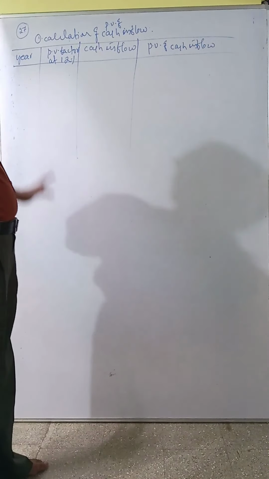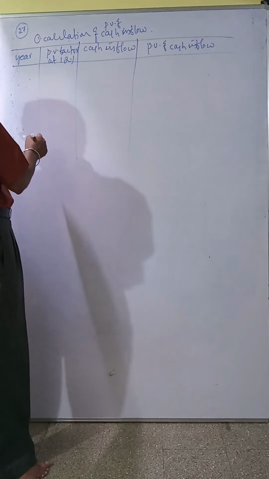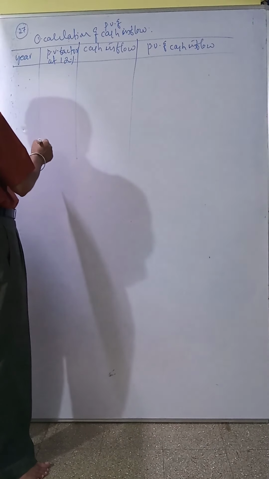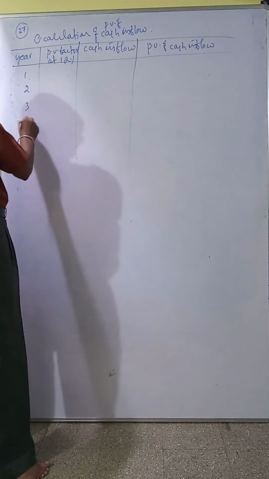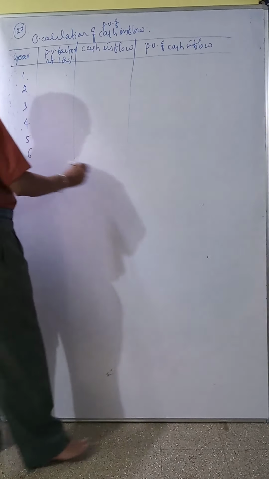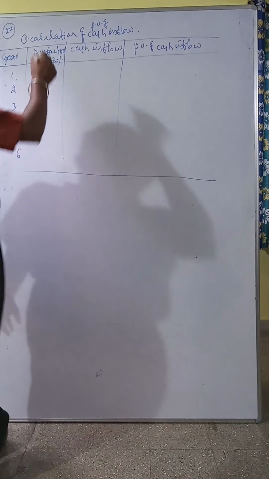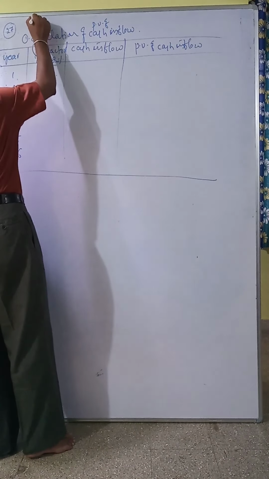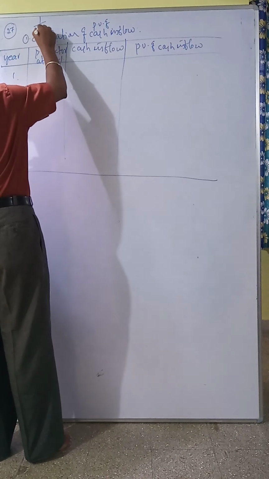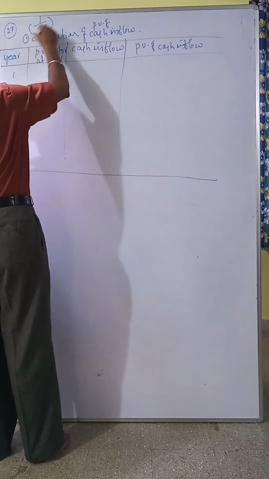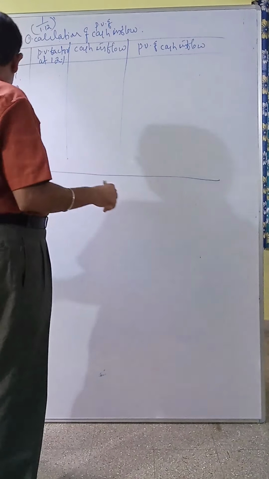In this table they have given years 1, 2, 3, 4, 5, 6, so 6 years of cash inflow. If the discount factor is not given in the question, you take 1 divided by 1.12, and press equal in your calculator to get this rate.